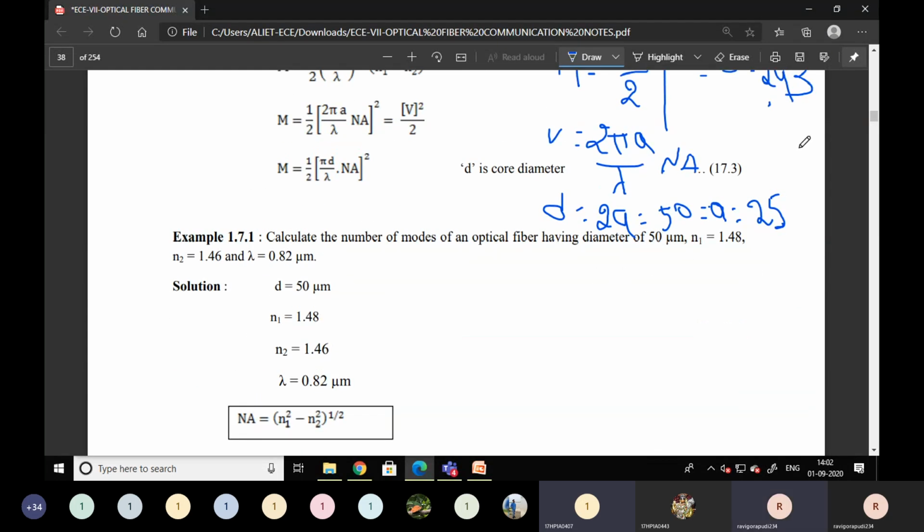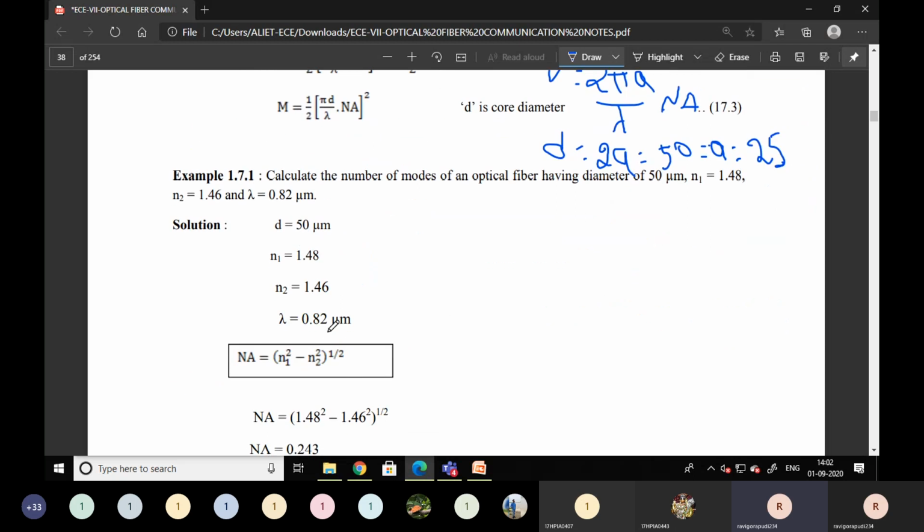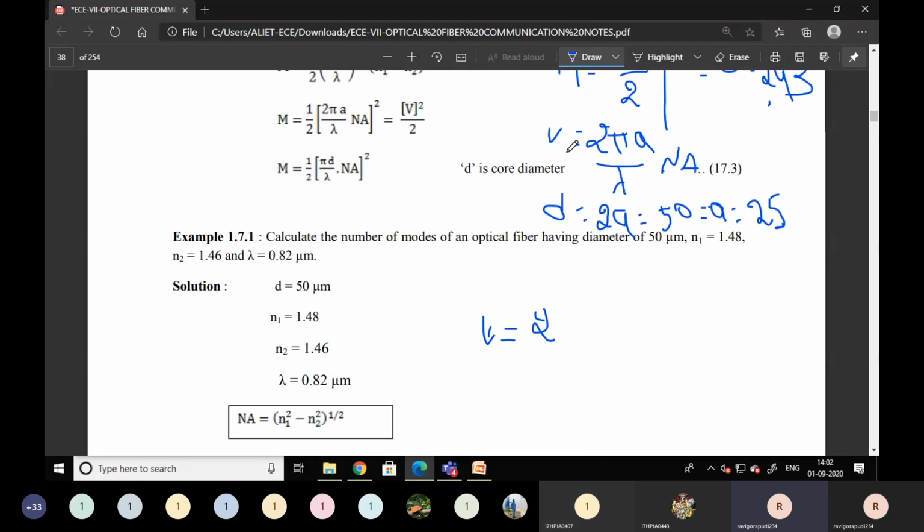Find out the value. Already we have the NA value. Substitute V equal to 2 pi A by lambda into NA. In this we substitute the A value, lambda value, NA value and find out V.